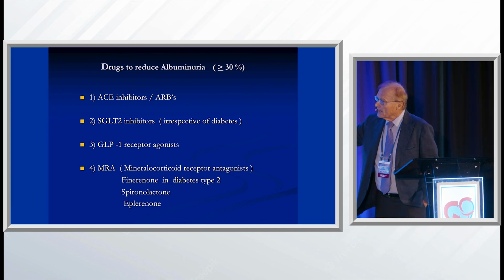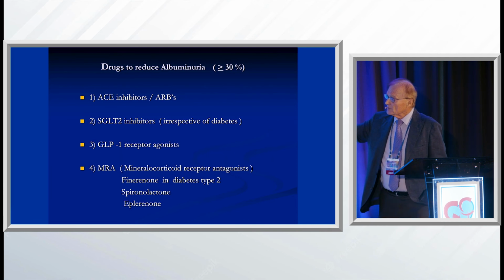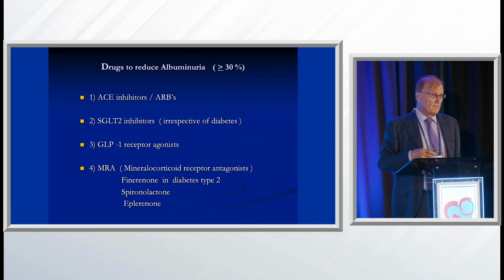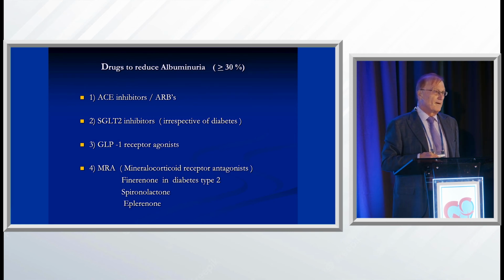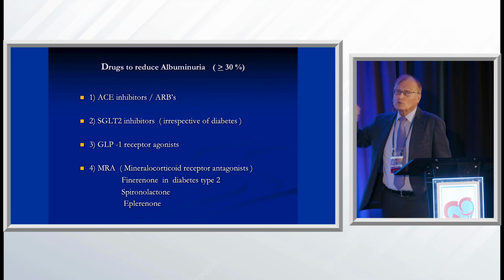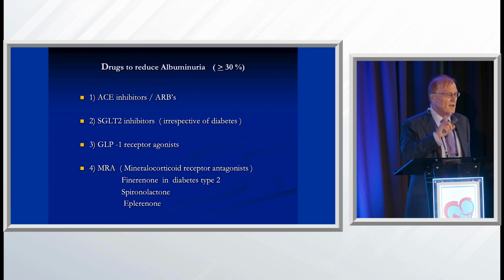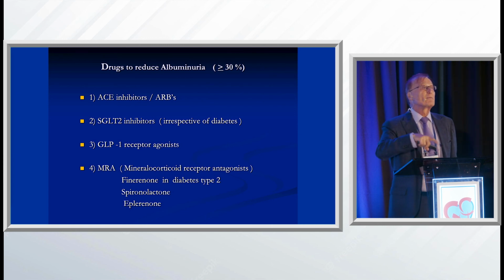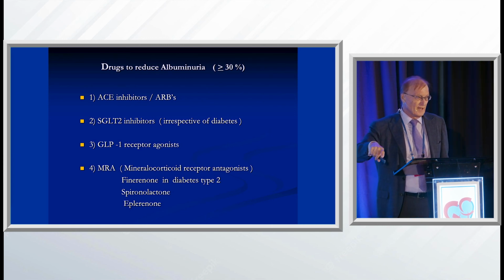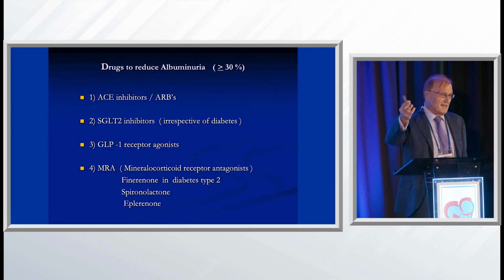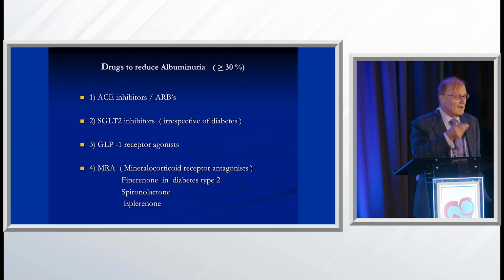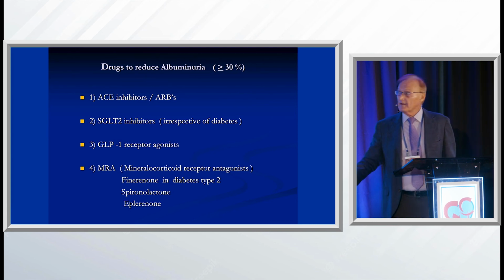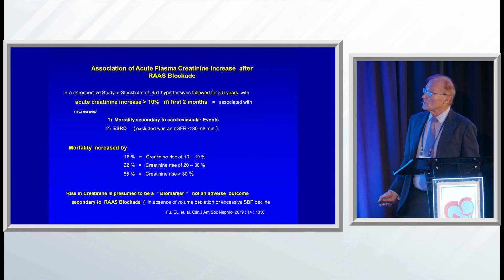And then the MRAs, finerenone in diabetes and spironolactone and eplerenone, reduce albuminuria at least 30-40%. There's no drug, by the way, at this point approved by the FDA for albuminuria reduction per se. But now you've got a CKD diagnosis, so you can put CKD down as a diagnosis, so you'd be covered, although you only have, quote-unquote, albuminuria with an absolutely perfect eGFR.